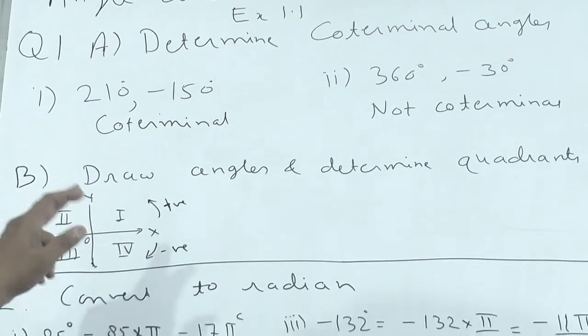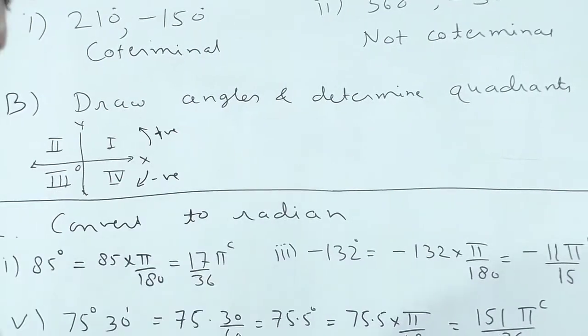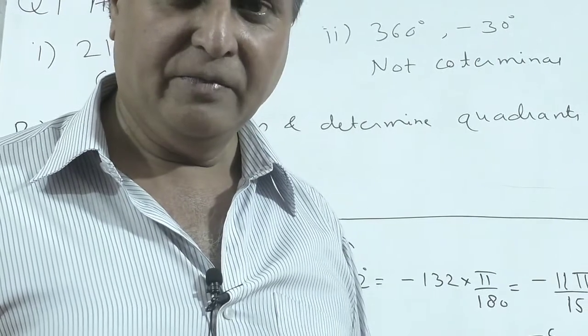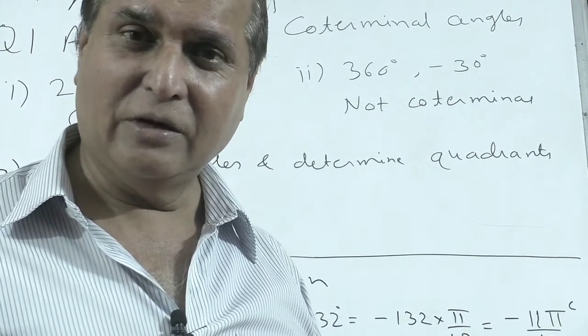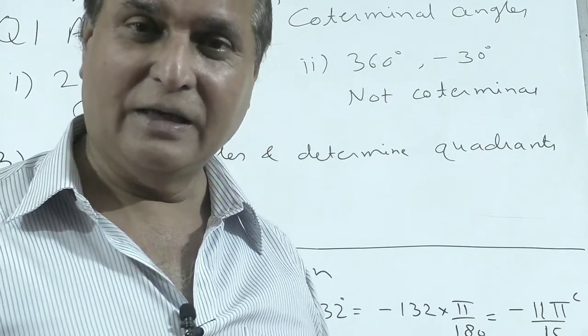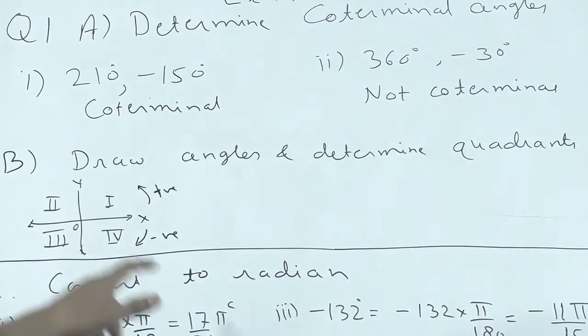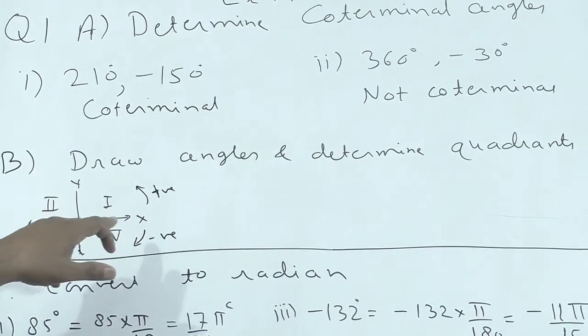Second question 1b is very easy. You have to draw the angle and also tell the quadrant. Drawing is easy. You have drawn many angles, you have constructed triangles last year, so many things in 9th and 10th. Your initial arm is fixed.